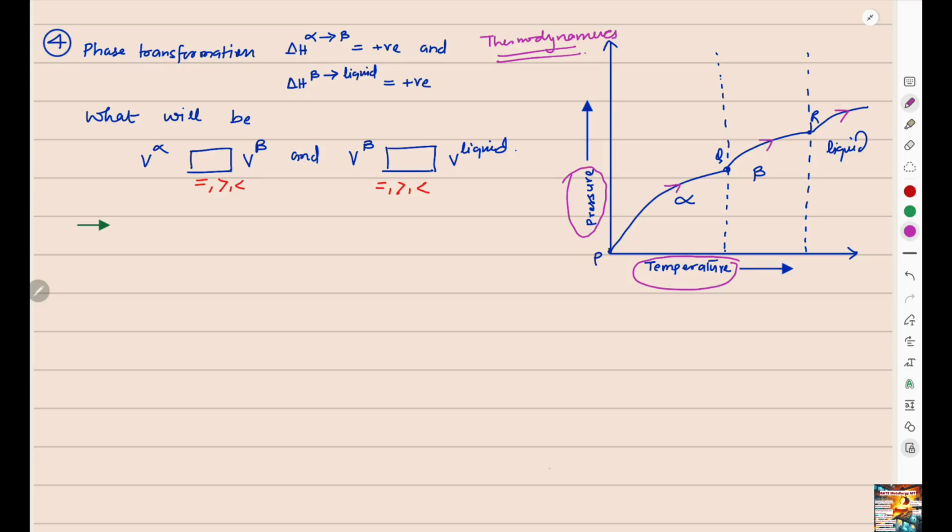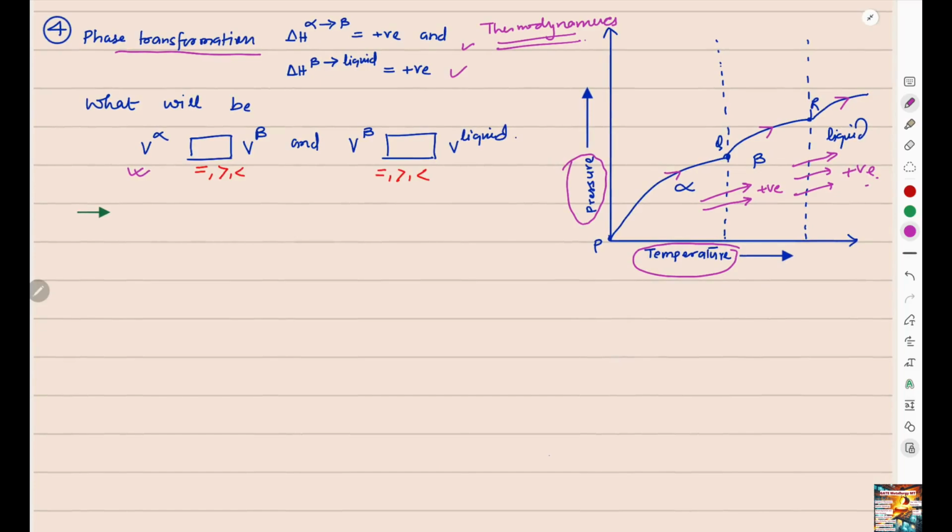According to the given question, for the phase transformation, the enthalpy change from alpha to beta is positive. So from changing here to here, there is a positive enthalpy. Similarly, enthalpy for phase transformation from beta to liquid is also positive. What will be the relation for volume of alpha to beta and volume for beta to liquid?